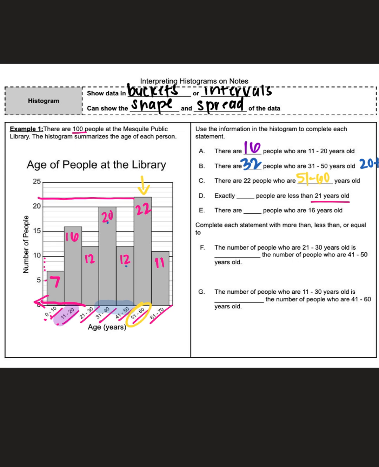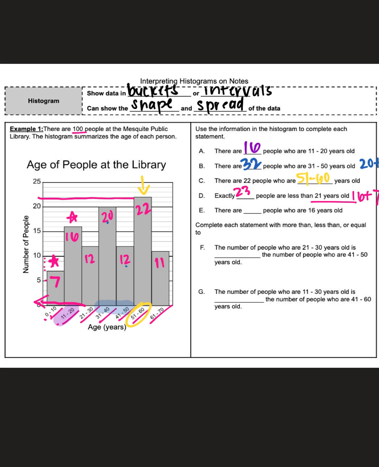But the next bucket is 21 to 30, so we can't use that one. So we're using this bucket right here and this one. If I'm finding exactly how many people with those 2 buckets, what do I need to do with those numbers? Good, take about 10 seconds to find out what 16 plus 7 is. Good, this one's 23.